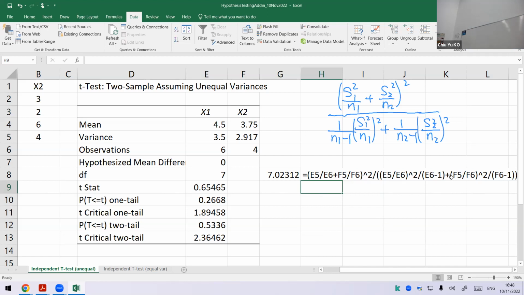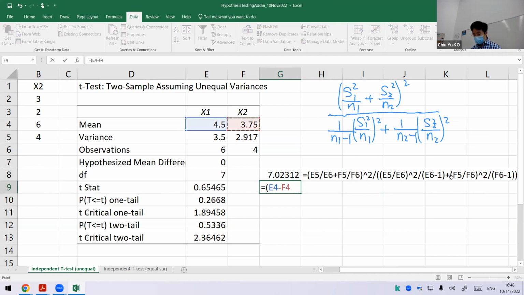So for the rest, I think it should be easy. I can produce this one for you as well. This is just the mean of x minus the mean of y, over the square root of this over this plus this over this.